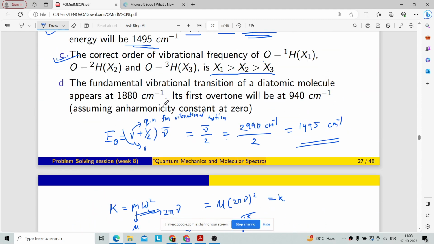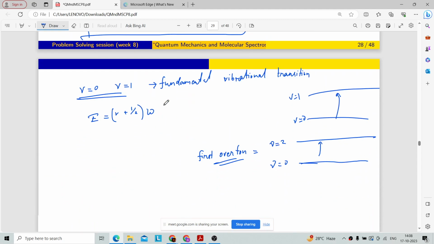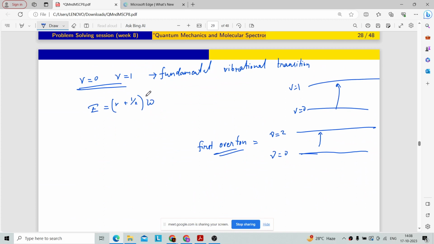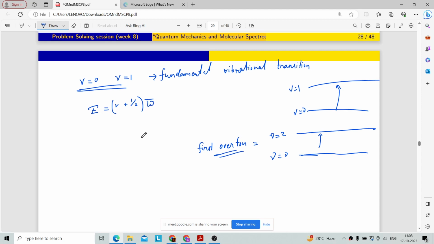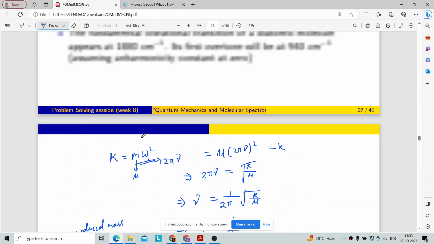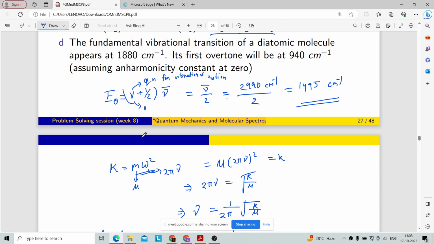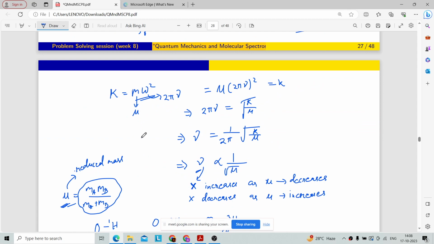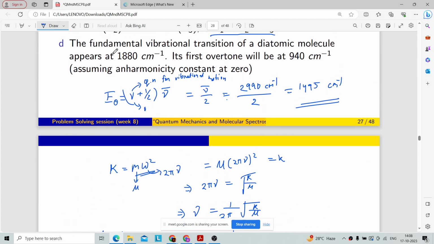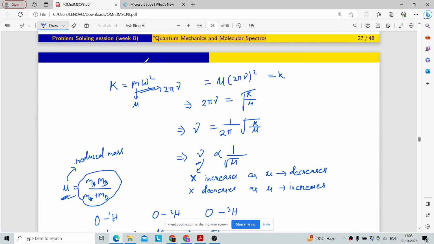This is given in centimeter inverse, so let's say this is the wave number. Okay, so what is being asked? The first overtone will be 940 centimeter inverse, and the fundamental line is given as 1880 centimeter inverse. Okay, let's check then.